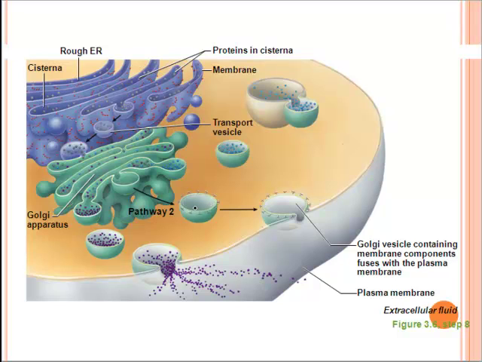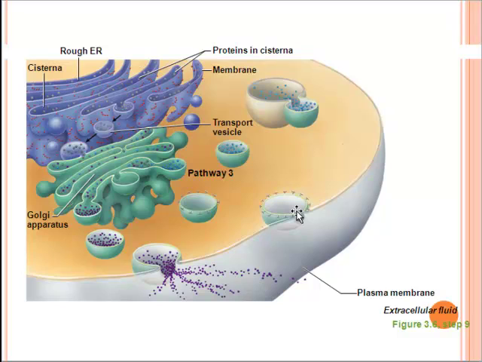This vesicle is going to attach to the plasma membrane, but these proteins are going to end up as part of the plasma membrane. So instead of releasing these outside the cell, this little vesicle, made of membrane just like the plasma membrane, attaches to the plasma membrane and basically becomes part of it. And then these proteins that are attached to it also become part of the plasma membrane. That's the second possibility.